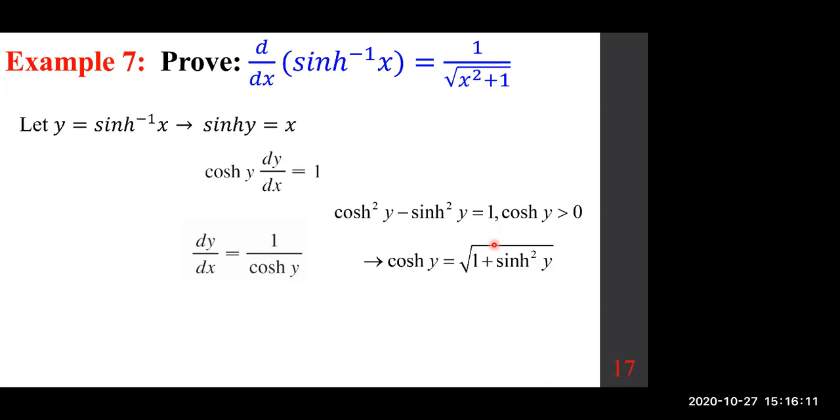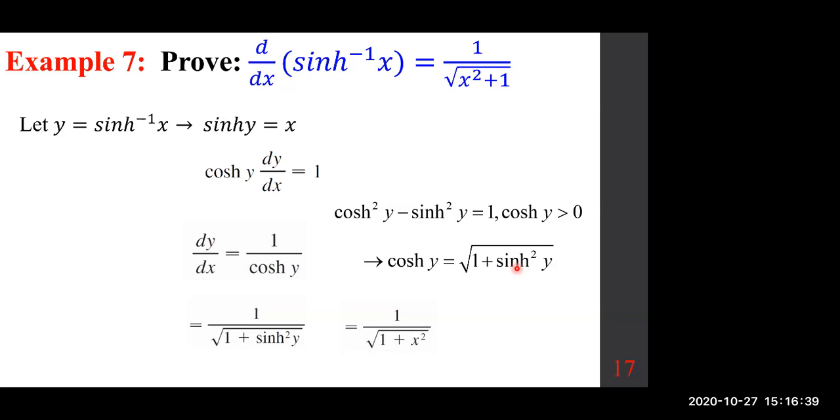So what is sinh? Replace it with x. Okay, everybody. This is the proof. Again, I highly recommend you go over the proof of the inverse trigonometric functions we did, and see if you can follow that. And we do the same thing here. Okay.